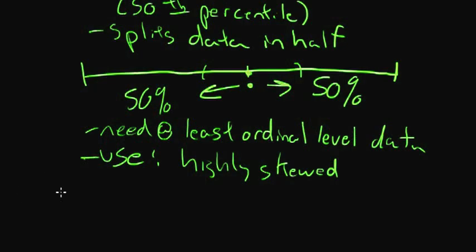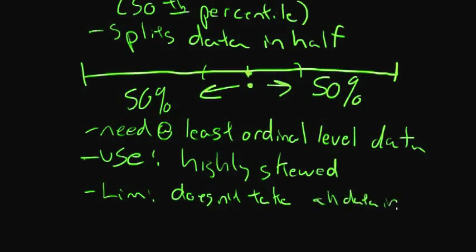But it also has a limitation. And the limitation is that it doesn't really take all the data into account. And so by that, it's kind of a crude measure because we're only looking at the middle point. We're not really looking at much else.